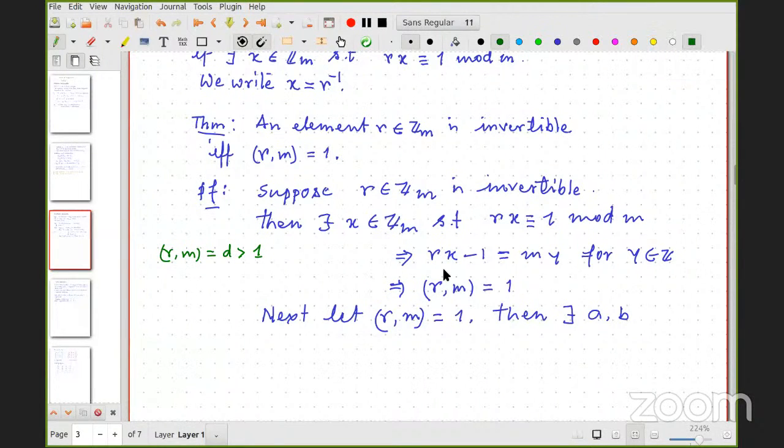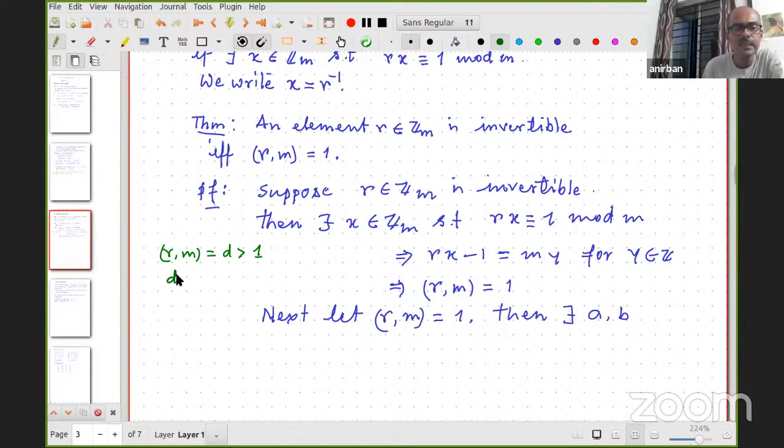Then this d is going to divide r as well as m. So it's going to divide rx, and d also divides my. So d divides rx and d divides my. That being so, d should divide 1, which is not possible. Yes, sir, because if it divides this and this, it should divide this as well, because 1 is written like that: rx minus my is equal to 1.